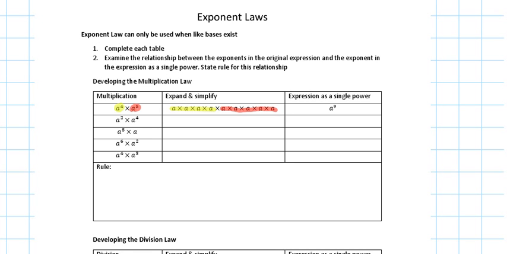Now, my second one is a to the power of 2 times a to the 4. Okay, so I have a times a, and then I have times a times a times a times a. So I have 6 a's multiplied together, which is a to the power of 6. How about the next one? What do I do?